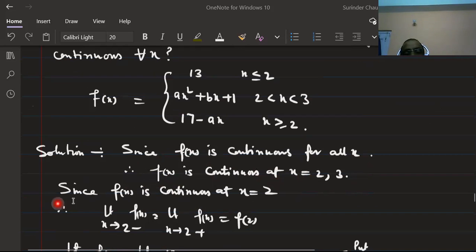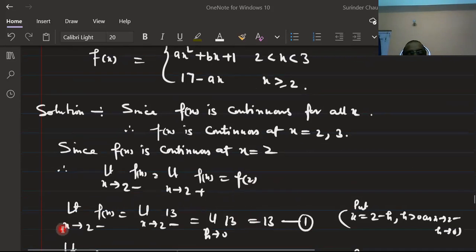Since f is continuous at 2, the left limit at 2 equals the right limit at 2, which equals f(2).